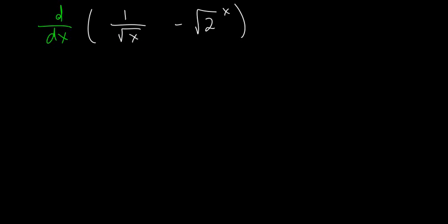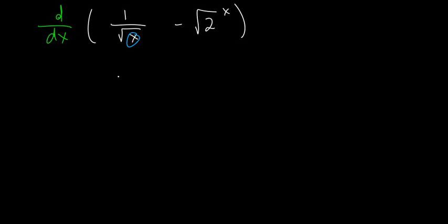Another example could be like this, 1 over square root x minus the square root of 2 to the power x. So this time it's not as straightforward to use the power rule or even the exponential rule. It looks a little bit more complicated, so you're going to have to move things around a little bit. How's it going to go? 1 over square root of x, you know that you're going to use power rule there because x is obviously written as a base, even though it's in the denominator.